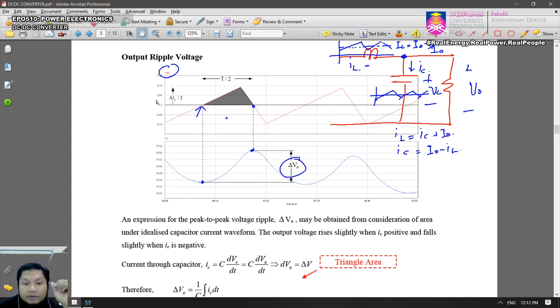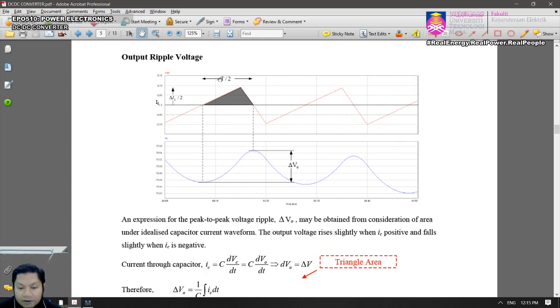Okay, so in order for you to get that delta V0, now we're going to apply this equation. We know that the capacitor current equals C dVC over dt, isn't it? And that also gives you C dV0 over dt. And we also know that dV0 can be represented by this ripple, delta V, isn't it?